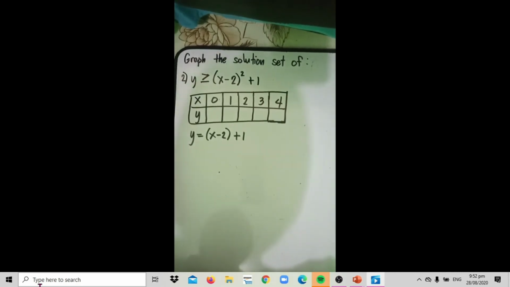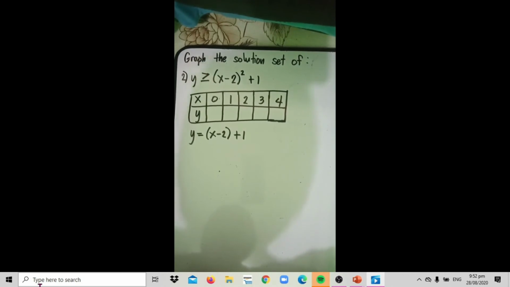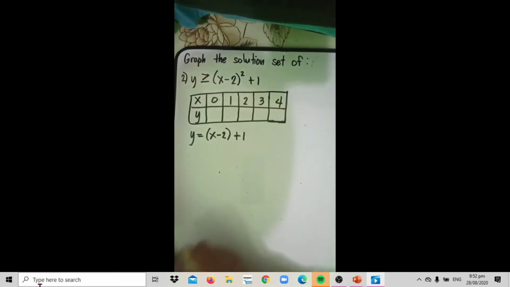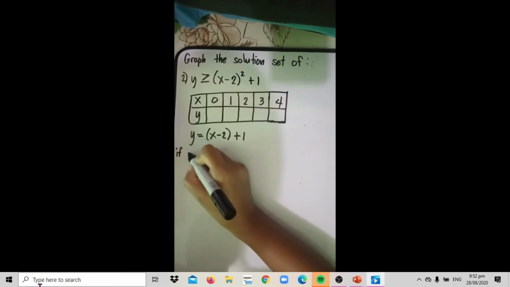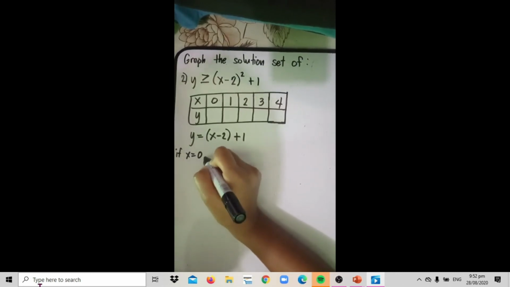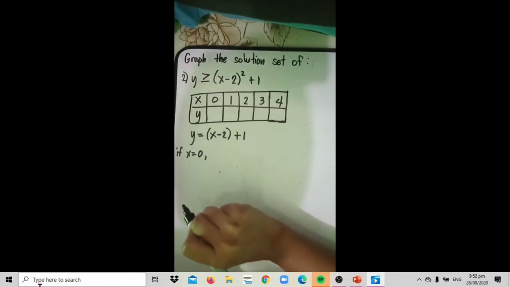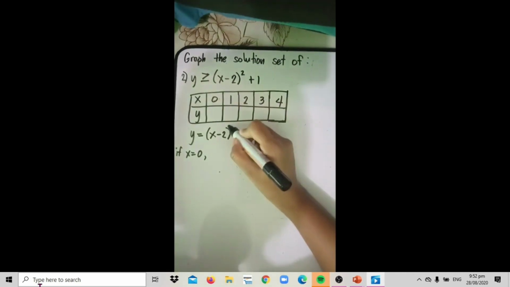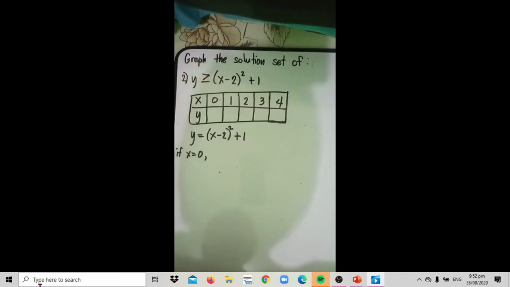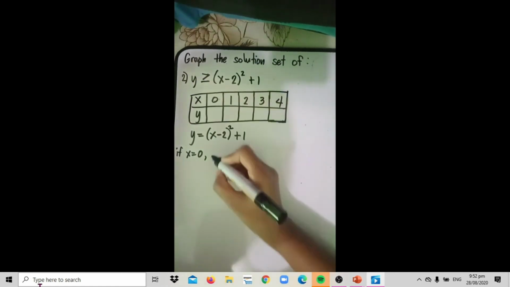So our values of x are 0, 1, 2, 3, and 4. So we are going to determine the corresponding y values. So if x is 0, what would be our y? We have, oh, this must be squared. Okay, let's check.